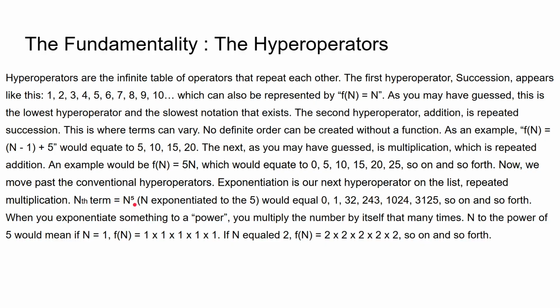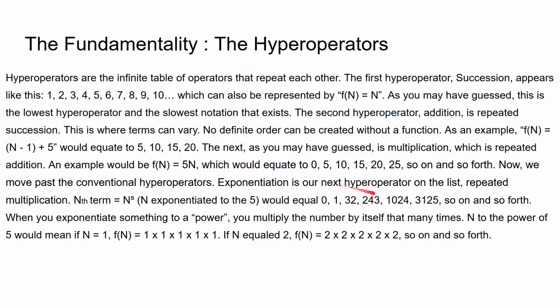If the nth term is equal to n to the power of 5, it would equal 0 for the 0th term, because 0 to the power of 5 is 0, I believe. 1 to the power of 5 is 1.